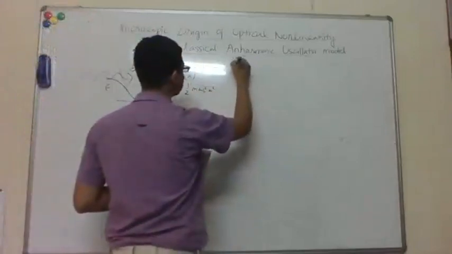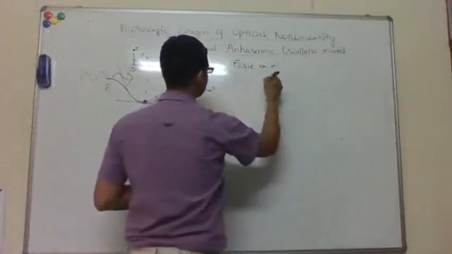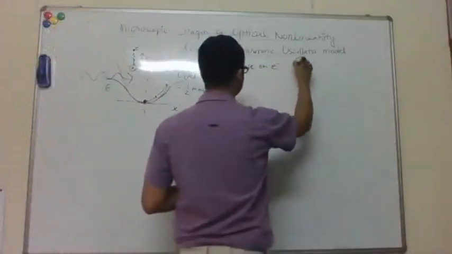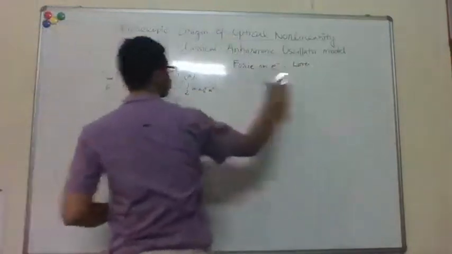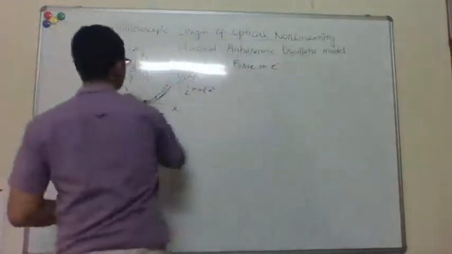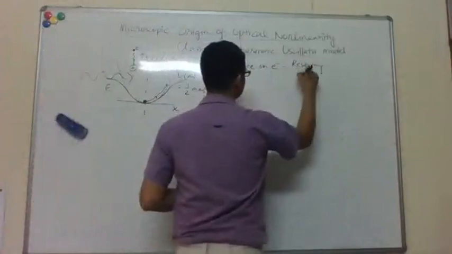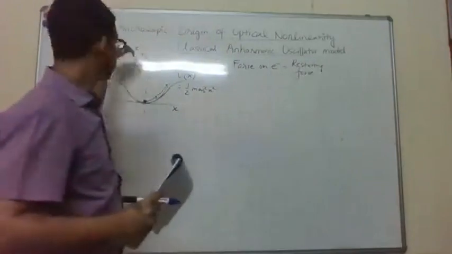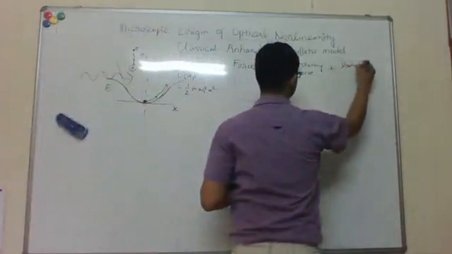Okay. So last time, if we write the force on the electron, we said we can write it as the restoring force from the atom, this spring force towards the nucleus, plus a damping force.